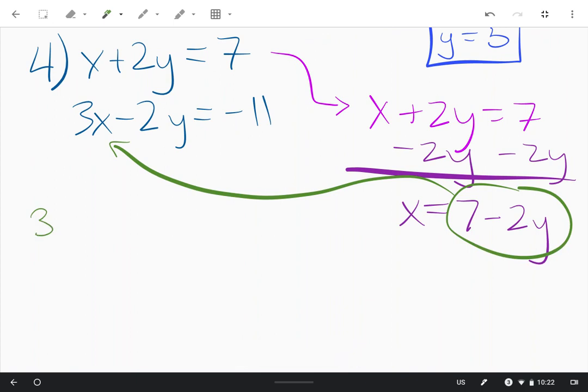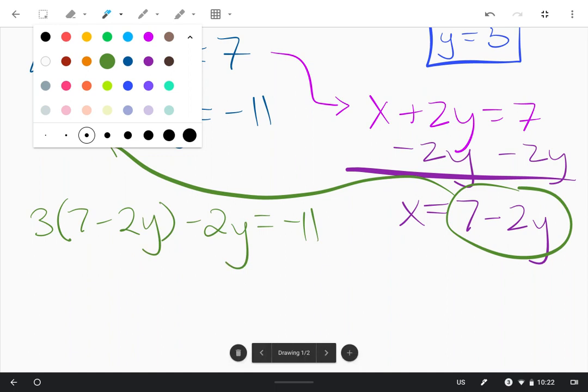So I get 3 parentheses 7 minus 2y minus 2y equals negative 11.